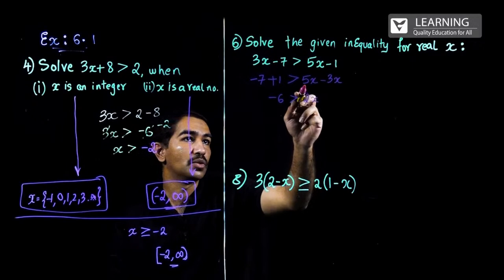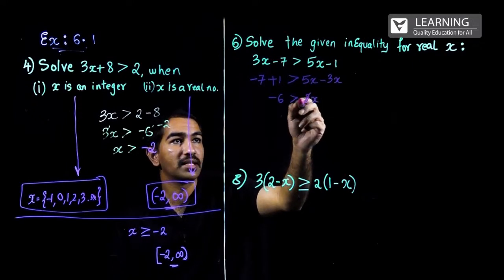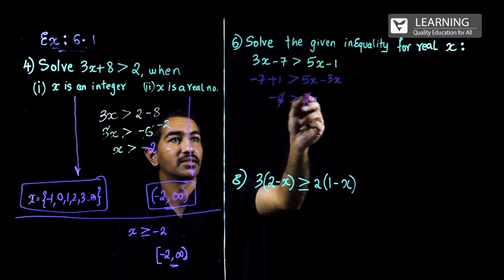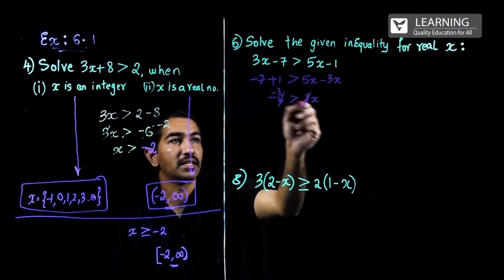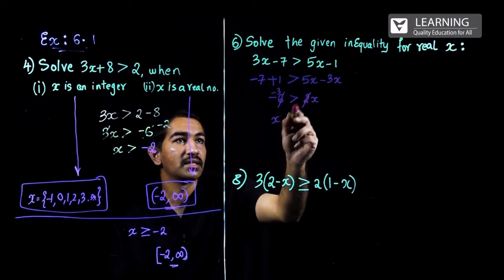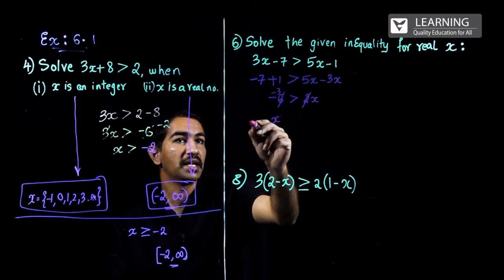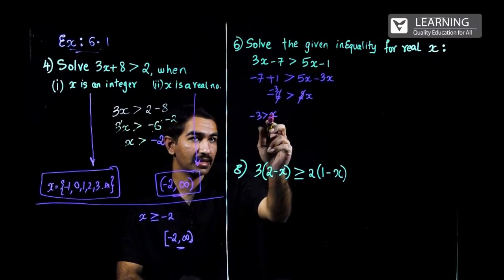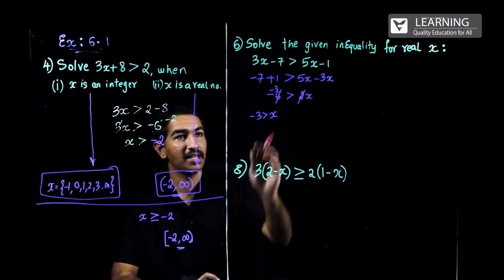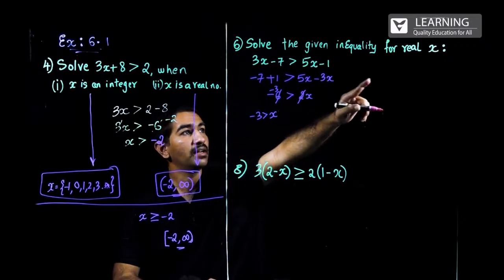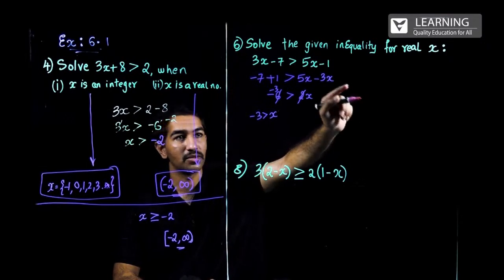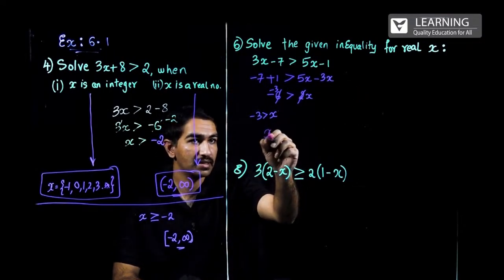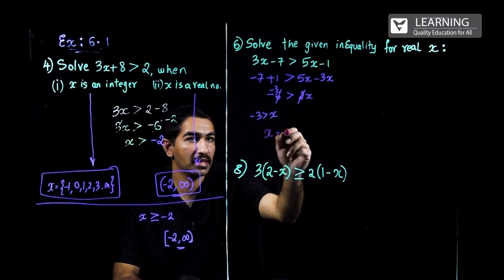Correct? So now what is x equal to? x. So this will be minus 3. Correct? Now x or minus 3. So what do we have here now? x is lesser than minus 3. Correct? x is lesser than minus 3. And what is x there, students? x is a real number. So how do we write? x is lesser than minus 3, right?